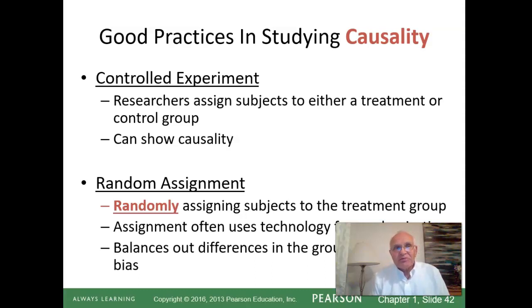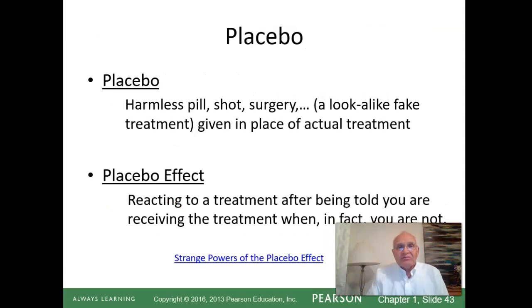Well, that probably worked because you gave the people that weren't as sick a different treatment, and so that doesn't work. So the random assignment is part of the important methodology that we use in the experimentation. Alright, so that will eliminate bias.